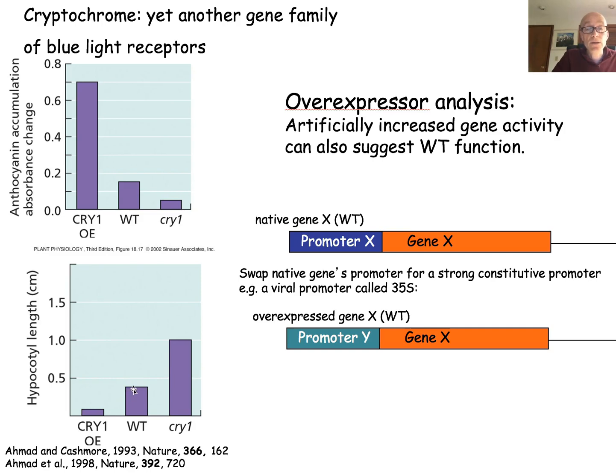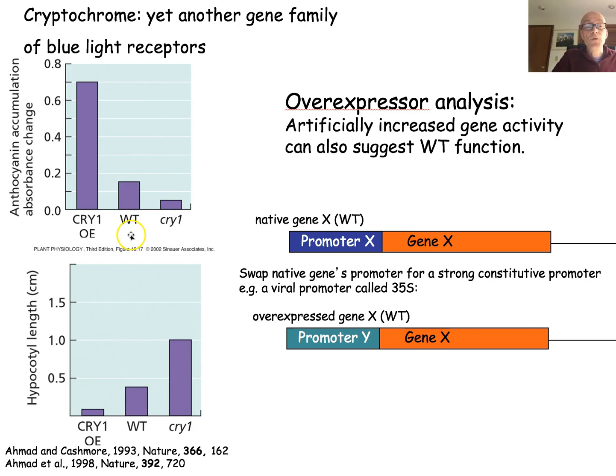So you knock out the gene and you see that the hypocotyl is much longer in the cryptochrome 1 mutant relative to the wild type. That plant cannot see the light. It thinks it's still underground. It grows fast and furiously and is much taller than the wild type. This is in centimeters, so it's not relative, but you can see the point that they're trying to make, that the mutant is much taller and the wild type is much smaller.